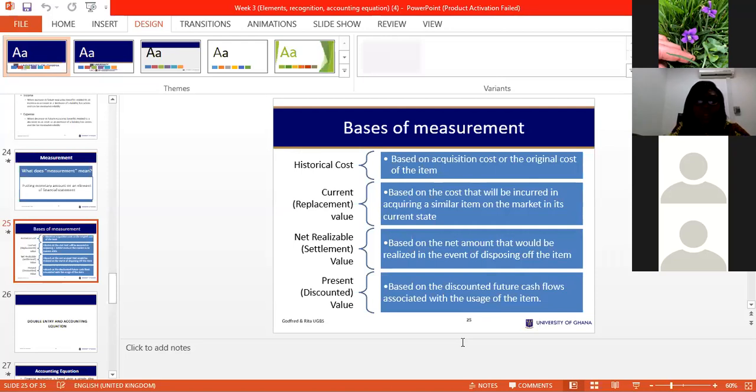The challenge with that is that somebody can go in for first selection, which is higher. Somebody can go in for second selection, but they may all be in the same current state. Secondly, it depends on where you got it from. And so that becomes very subjective in accounting.